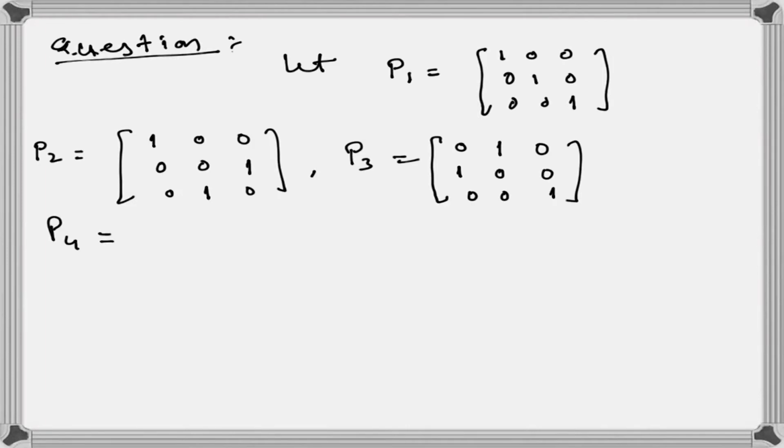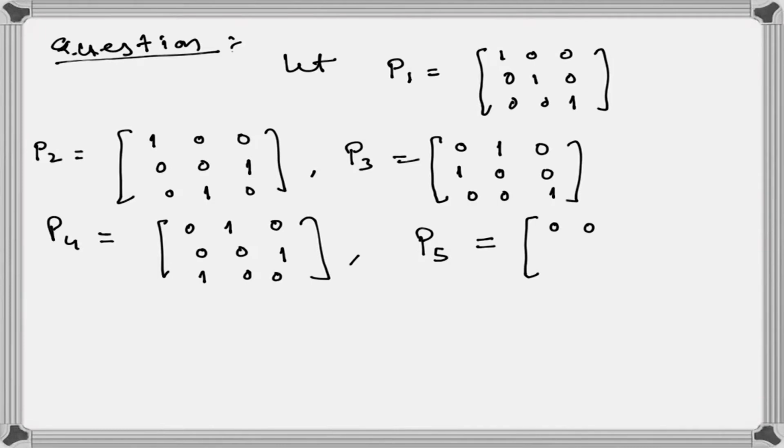P4 is 0 1 0 0 0 1 1 0 0. P5 is 0 0 1 1 0 0 0 1 0.